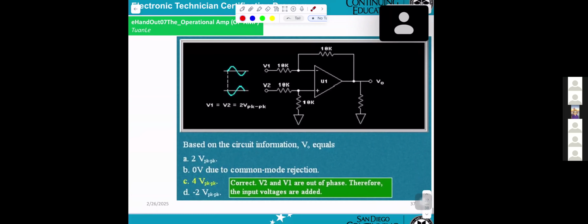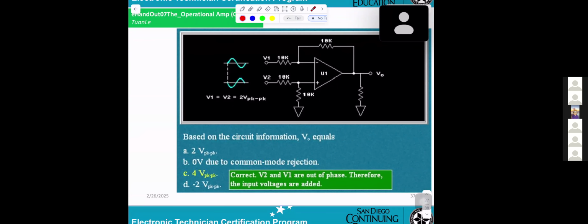However, when you're working on the exam, you enter A, they don't want it. Enter B, they don't want it. Enter C, they want it. However, we're asking you to understand it if you're able to do it. See that? For peak to peak. V2, V1 are out of phase.